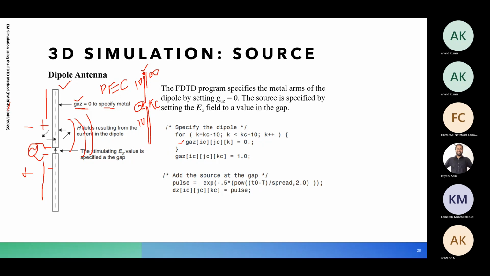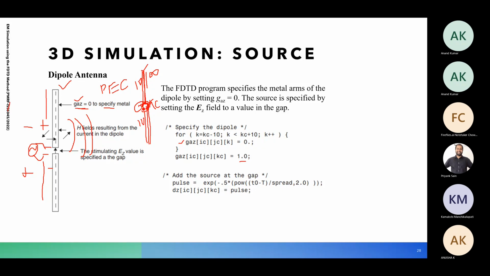So this whole thing becomes one big metal wire, and then at the center we make it 1, so that there is again free space between these two wires. So this is how we specify a dipole antenna.